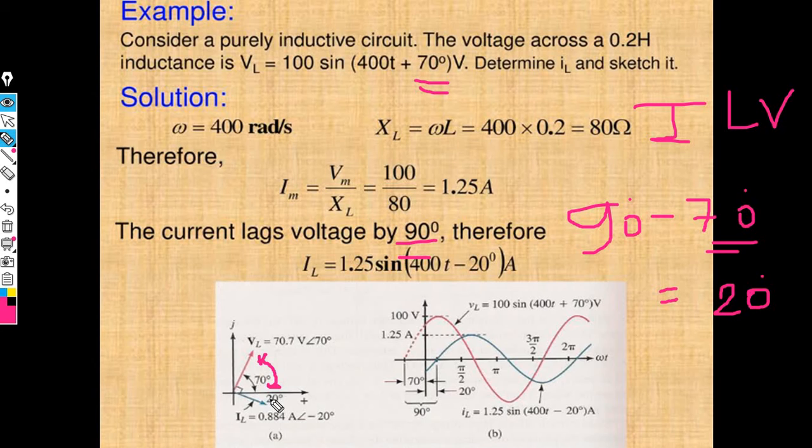And we have considered the current angle as 20, so 70 plus 20 obtains 90, that is, current I lags the voltage by 90 degrees.